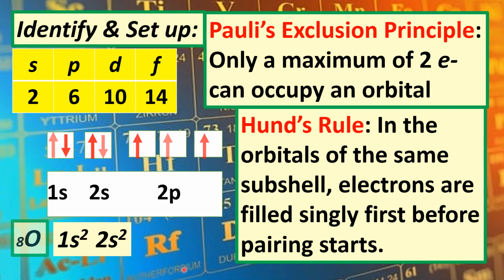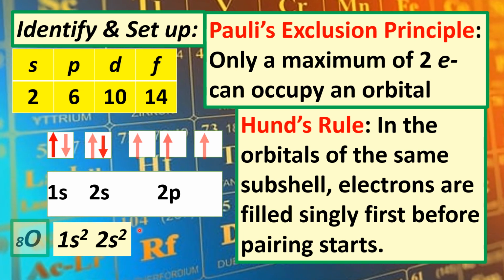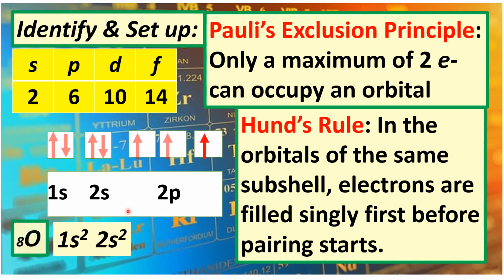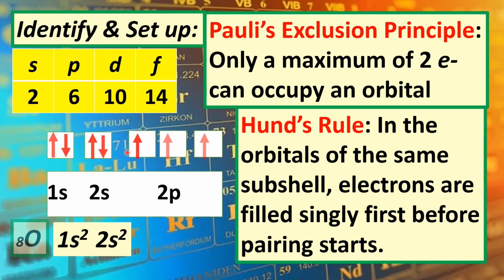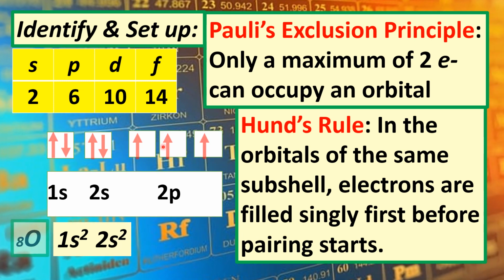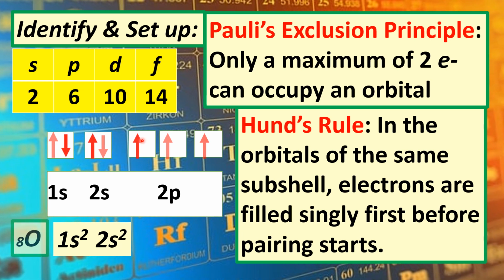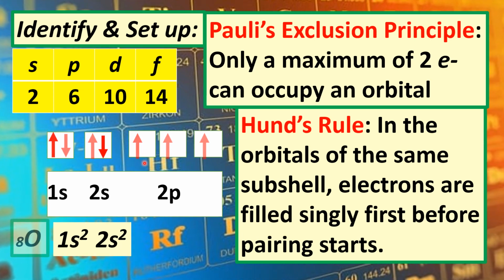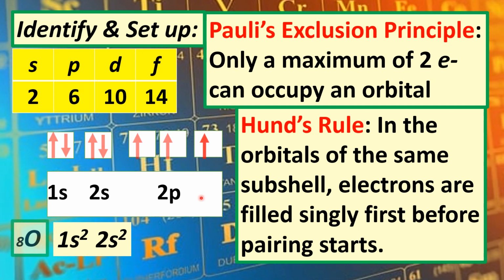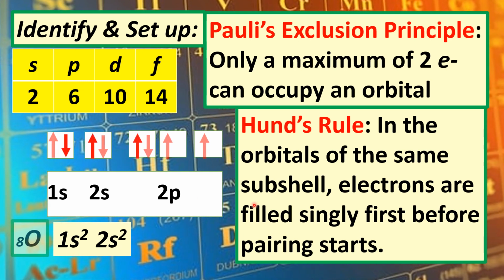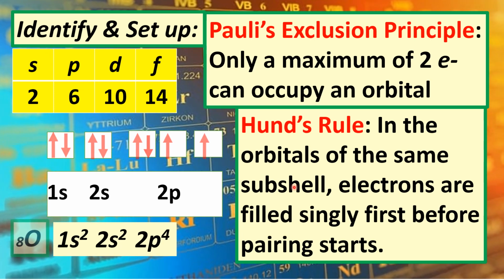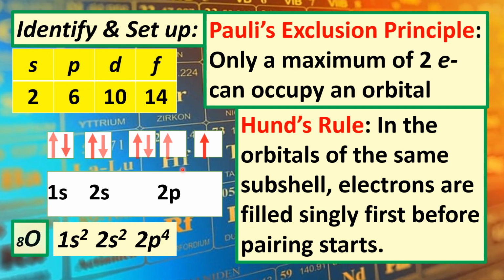Now we go to the last electron. The last, or eighth, electron has no other choice but to pair up with the electron located in the orbital with the least energy, and that is in the first 2p orbital.